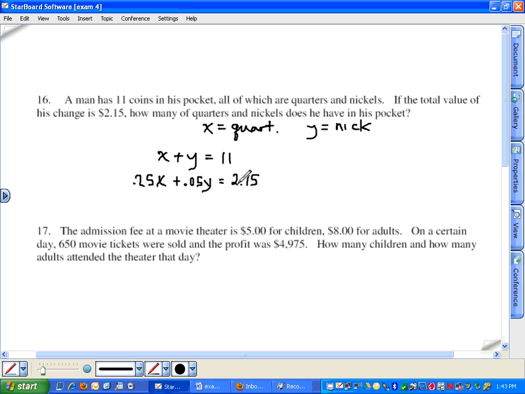Now I don't like the decimals in the bottom equation, so I'm going to multiply this bottom equation by 100. That's going to give me an equation of 25x plus 5y is equal to 215.